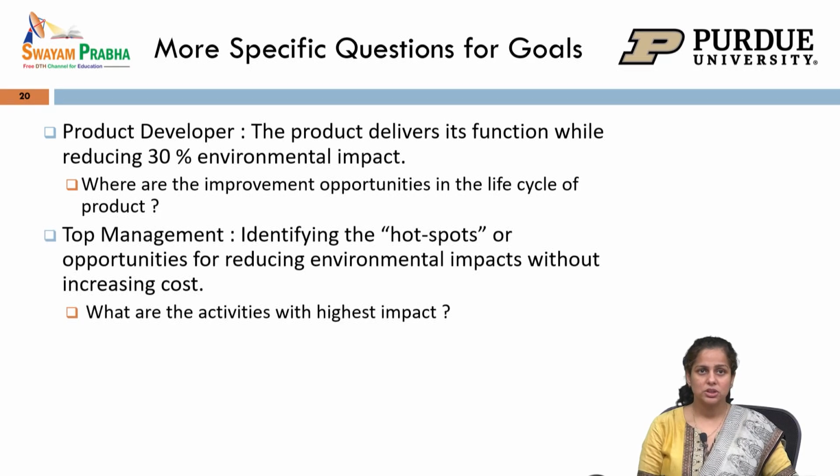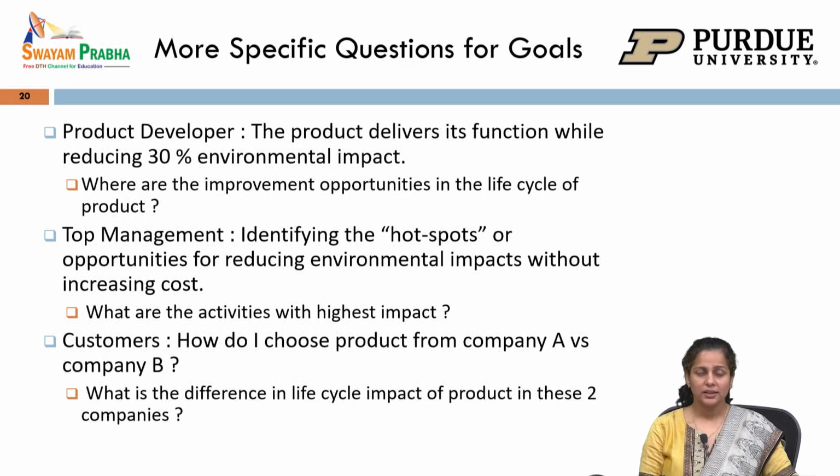Top management could be more interested in what the activities with highest impact are. So, they could be looking at different stakeholders or the supply chain, and they would be interested in understanding what are the activities with highest impact. Then customers: how do I choose between a product from company A versus company B? They would be mostly interested in the life cycle impact of the product in these two companies.